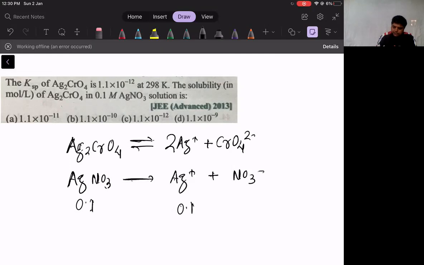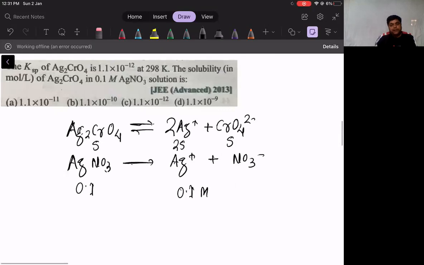So this will give us 0.1 M concentration of Ag+. Say the solubility of Ag2CrO4 is S, then the Ag+ contribution will be 2S, and the CrO4 2- is also S.